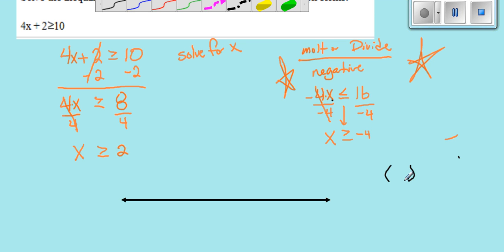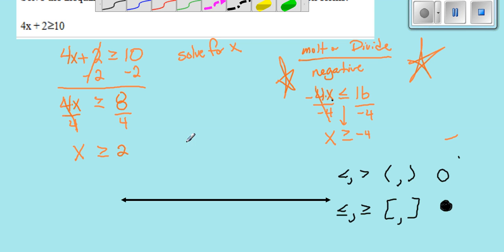Open parentheses, either one of these, would go with an open circle on my graph. Brackets mean closed or included. So this would be a less than symbol or a greater than symbol. This would be a less than or equal to or a greater than or equal to. We would use brackets, which on the graph correspond with closed-in circles because it's saying including.